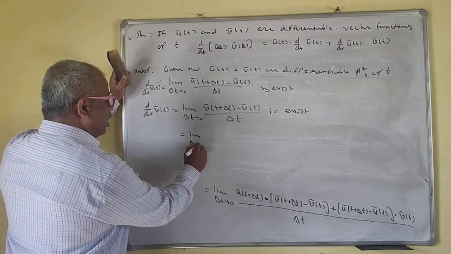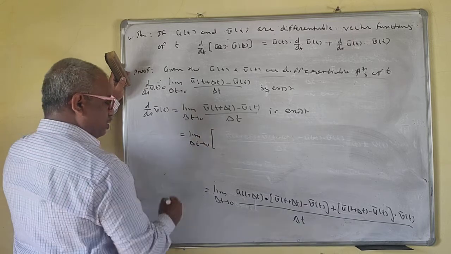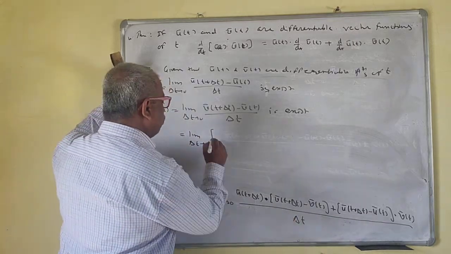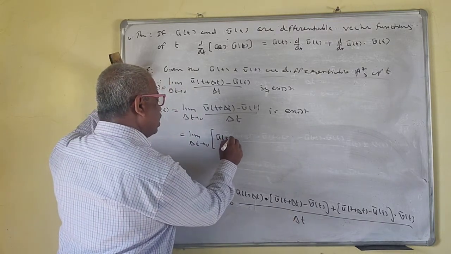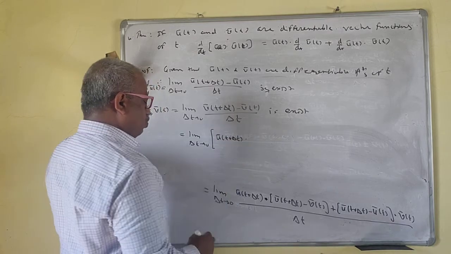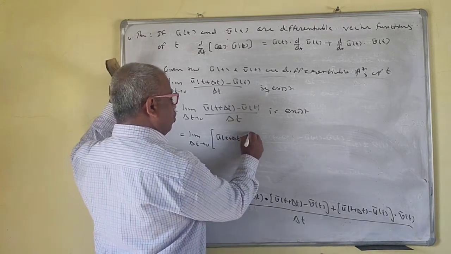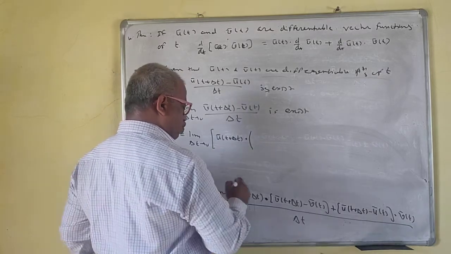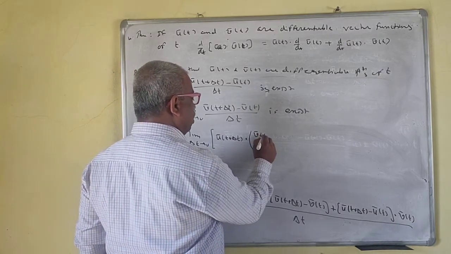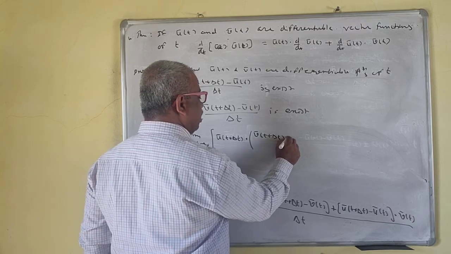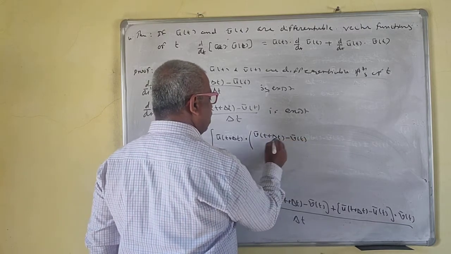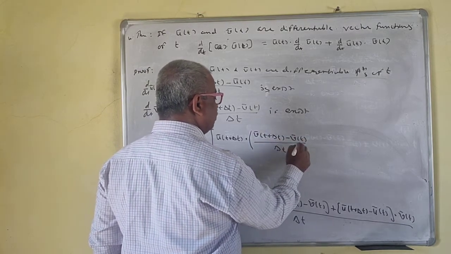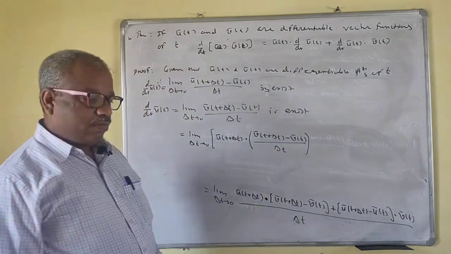Limit as delta t tends to 0. So now here I will write u bar of t plus delta t dot, this dot is very important, in an open bracket v bar of t plus delta t minus v bar of t upon delta t, bracket complete.